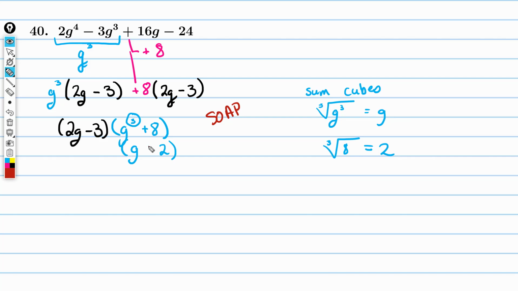So same, opposite, always positive. Now I'm going to use my smiley face. So square, g squared. The product, 2g. Square, 4. And then I write down my first parenthesis, 2g minus 3.